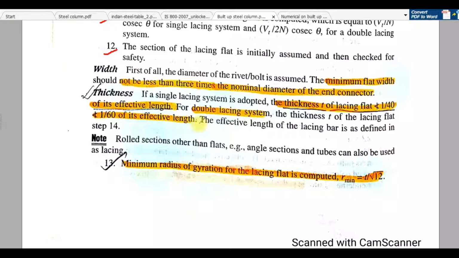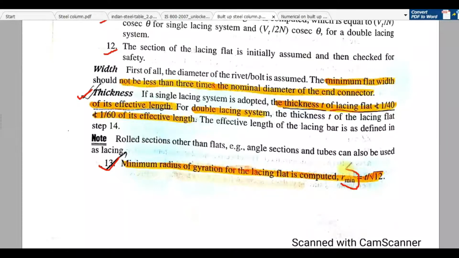Now you have to find the effective length of the lacing bar, and then I will explain it. But let us read this point 13. The minimum radius of gyration for the lacing flat is computed, that is r minimum is equal to T by 12. So from this line you have to find the thickness, and from point number 13 you have to find the minimum radius of gyration.